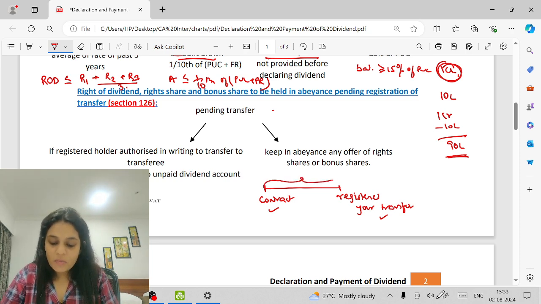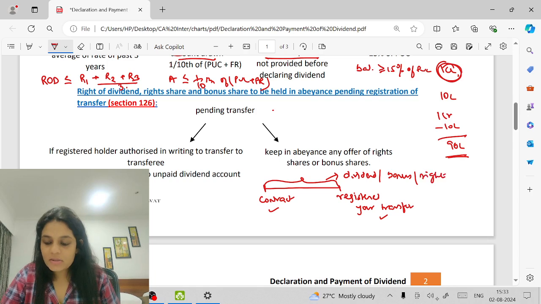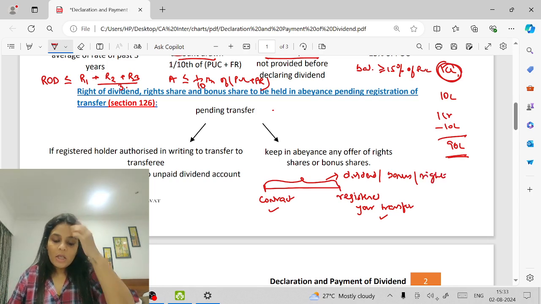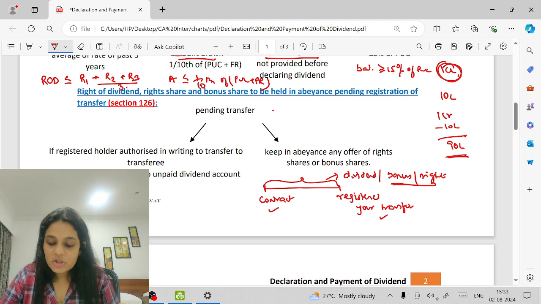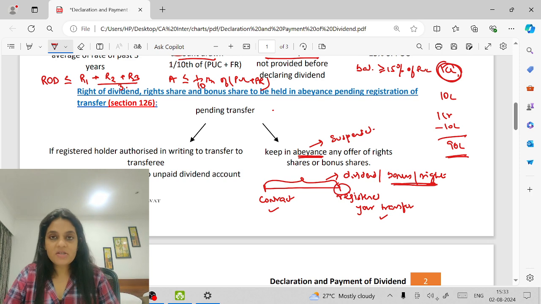Now, in between this period of time, let us say the company declares dividend or bonus shares or rights shares, what will happen? The bonus shares and rights shares will be kept in abeyance. Abeyance means suspended. Once the shares are registered, they will be given to the transferee.